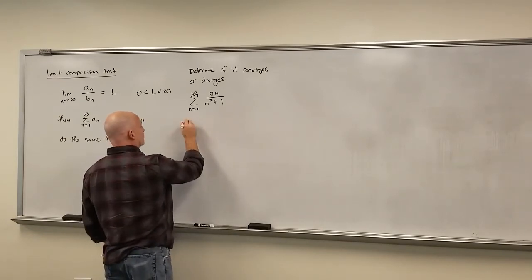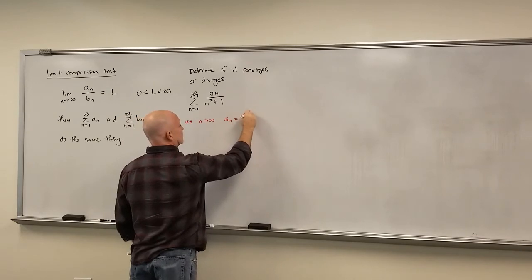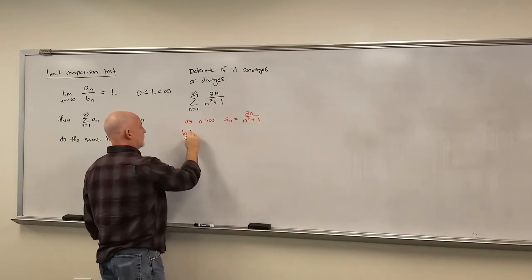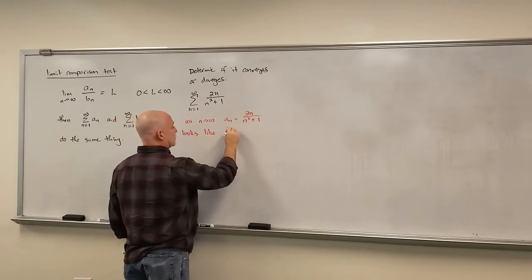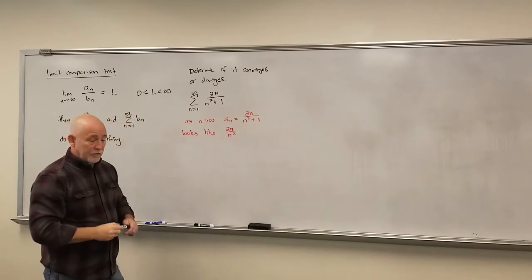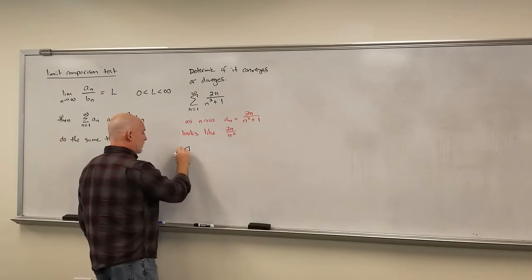So what's happening to this as n goes to infinity? Our a sub n, which is 2n over n squared plus 1, starts to look like or act like just 2n over n squared, right? Because that plus 1 is really not going to make any difference. So what happens to this? The sum n equals 1 to infinity.